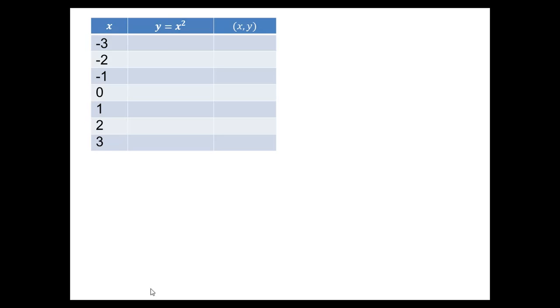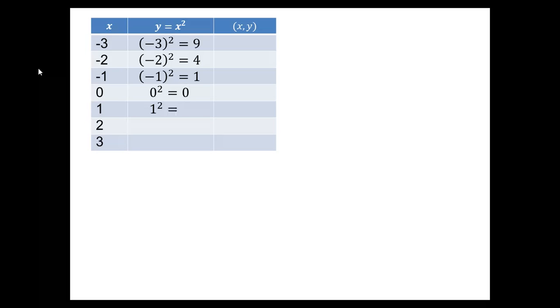Now, when we substitute it in, the x is the entire base. So I have (-3) squared is equal to 9. (-2) squared equals 4. (-1) squared equals 1. 0 squared is equal to 0.